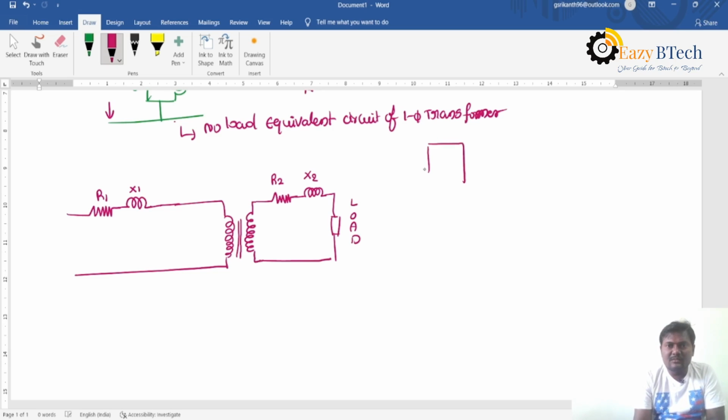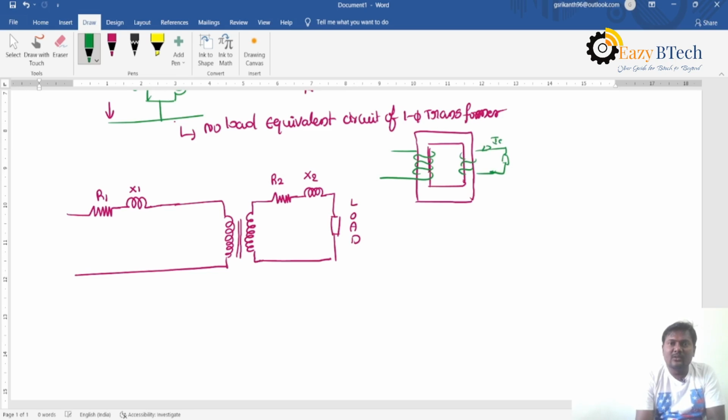Coming to the concept, when the practical transformer is operating under load condition, once the transformer is loaded, the I2 current flows through the load, which produces I2 dash, and that is added to I0.